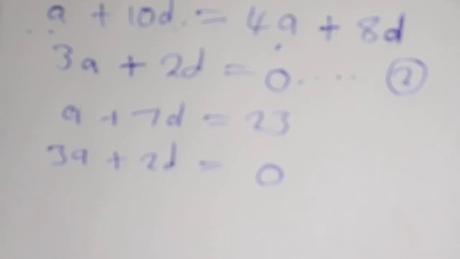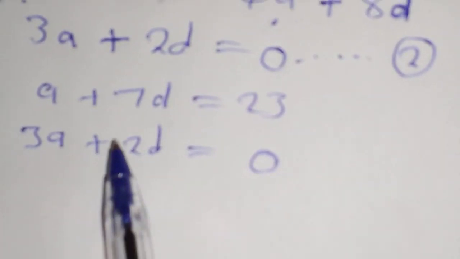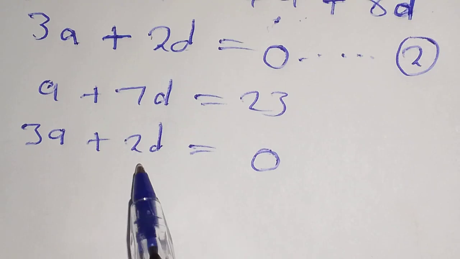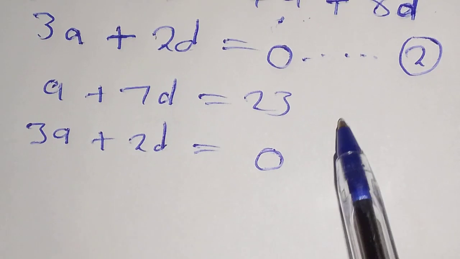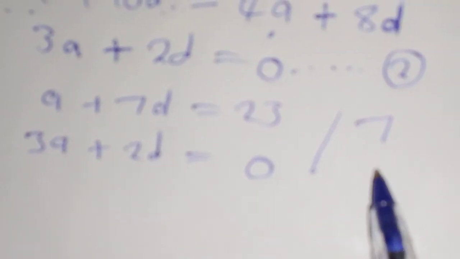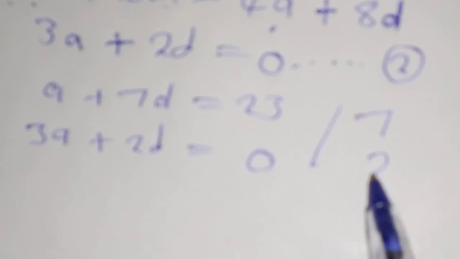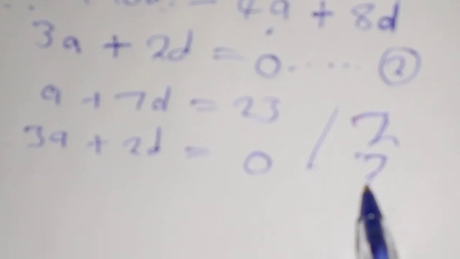So now let's solve these two simultaneously. We can cancel out what is common, so let's cancel out d. Here we put a 2 and here a 7.